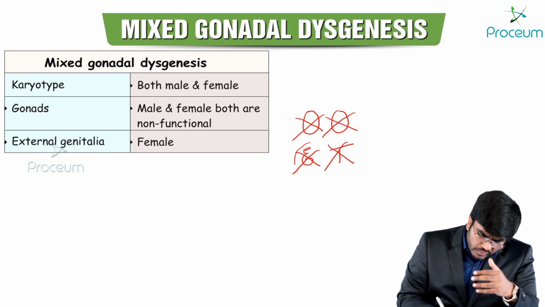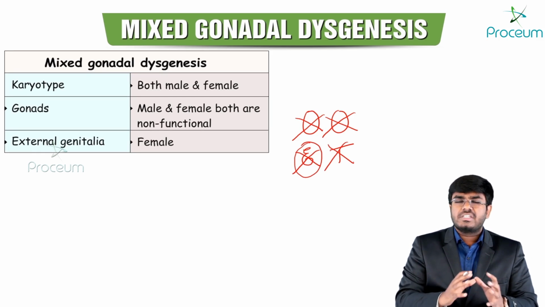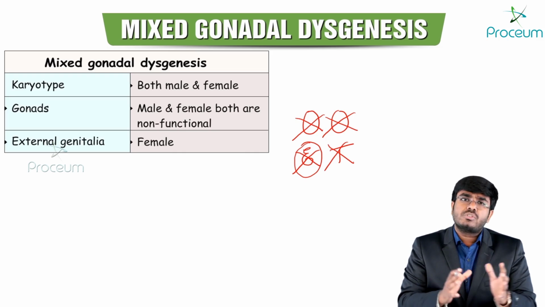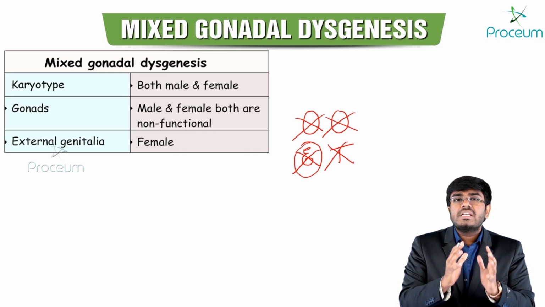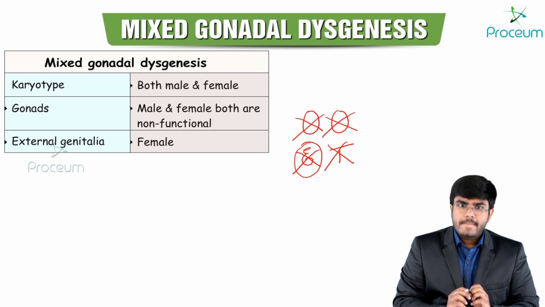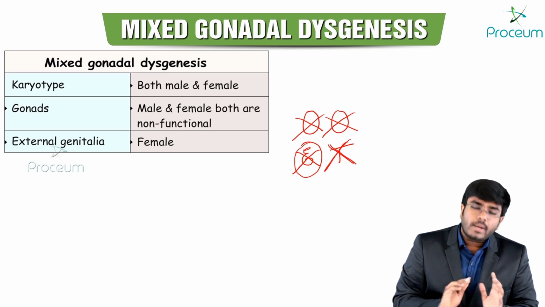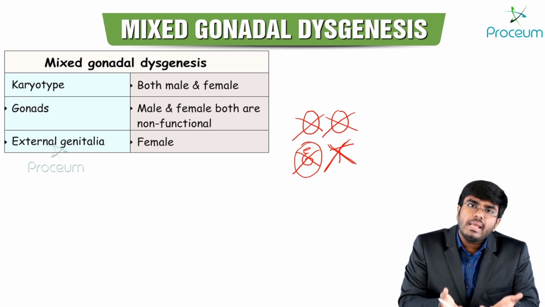There is nothing to do with the estrogens. Estrogens don't have any important role in making the external genitalia. It's all about the testosterone and dihydrotestosterone, which make the external genitalia male. Now, in this condition, if there is no testosterone, what happens? By default, the external genitalia will become female-like.